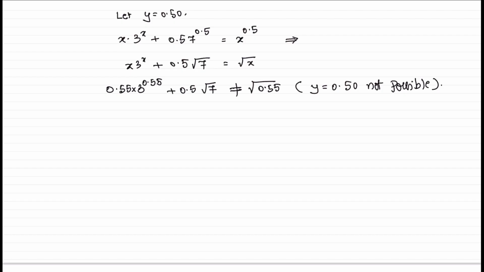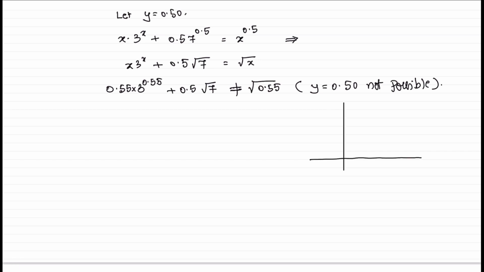Now, that means the curve will be, we are doing trial and error and finding the graph of the equation, because it is a very complicated equation. We are doing this way. It's not a simple equation. Here it is 0.55, 0, and here let me say it is 0.5. 1 is not possible, we have already seen why, and 0.5 is also not possible.